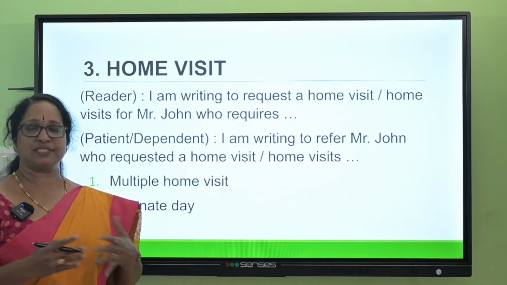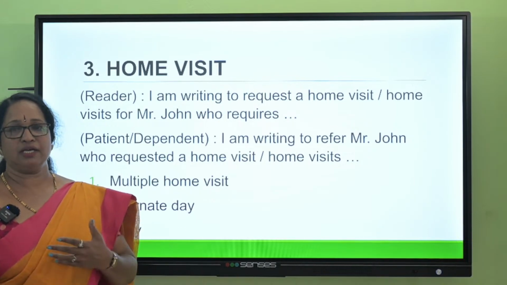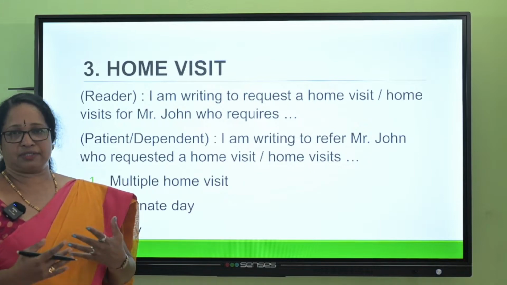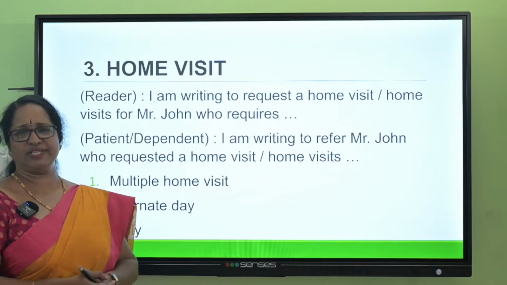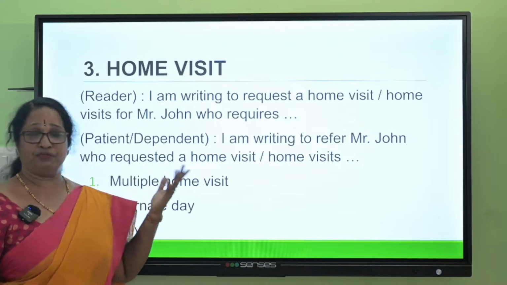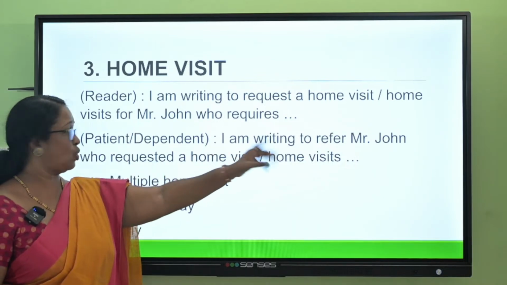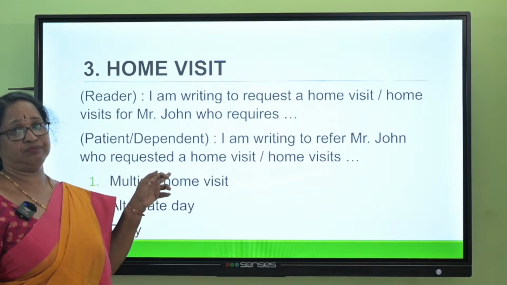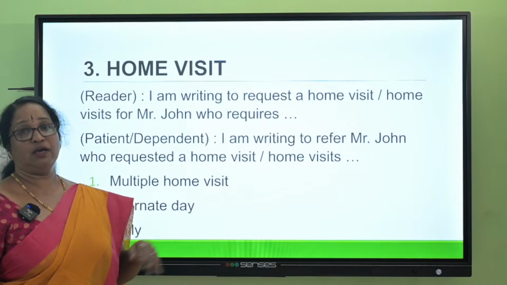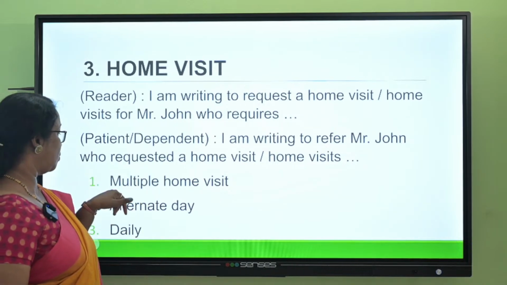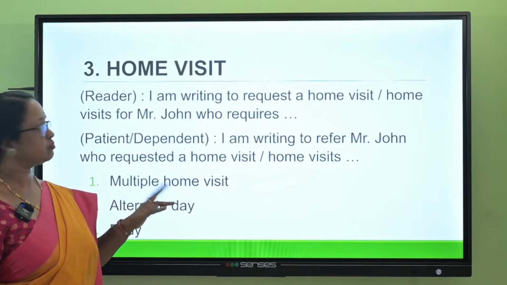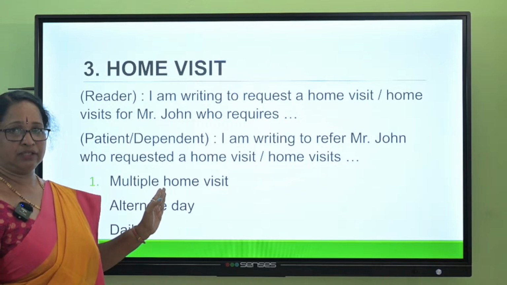For example, Mr. Smith's wife, Mrs. Elsa, is asking you for her husband to have daily home visits from a nurse for daily dressing and so on. Then you write "I am writing to refer Mr. John, who requested a home visit" or "home visits." So there are multiple home visits, alternate day visits, and daily home visits. I think I have made it clear for you.